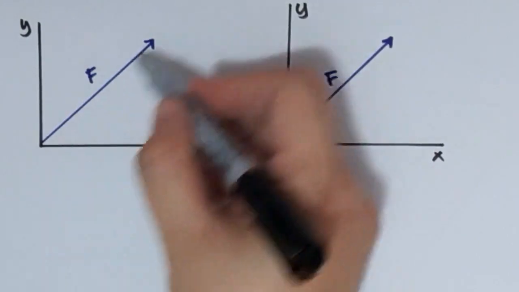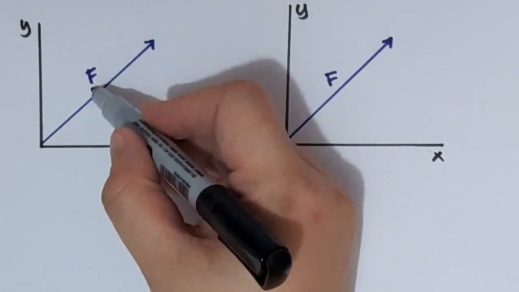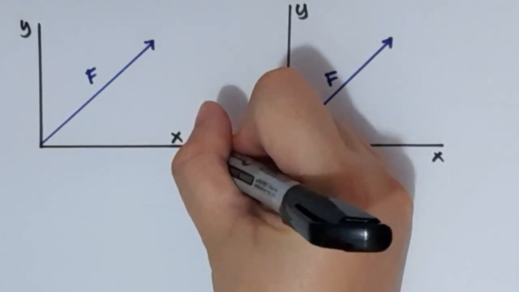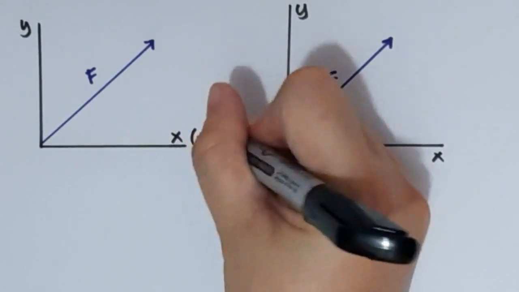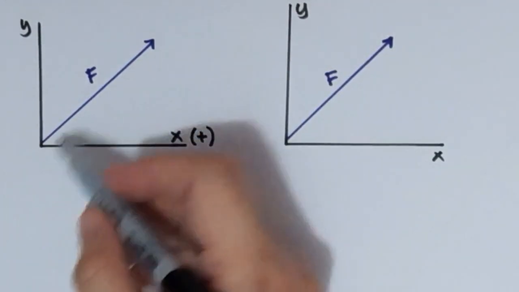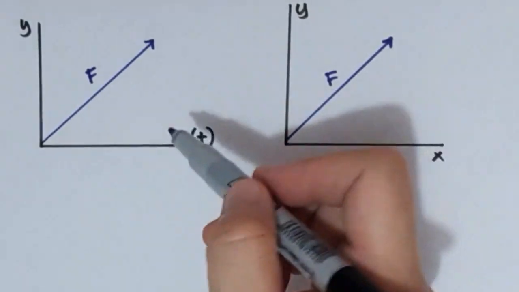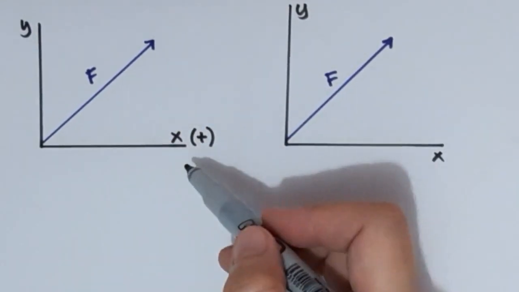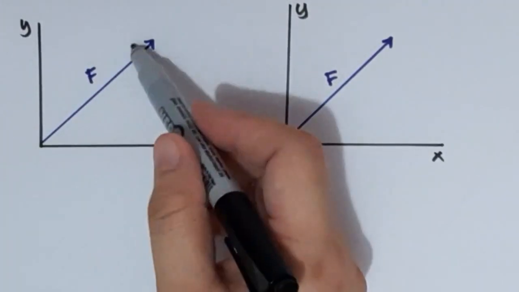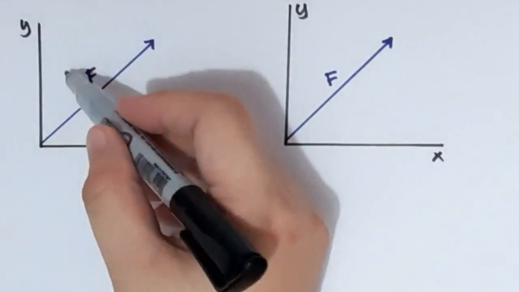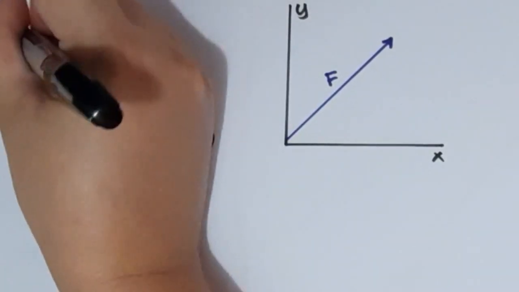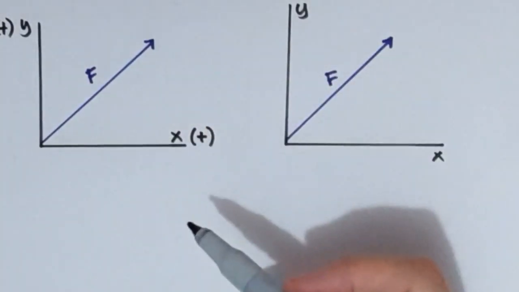in which, since this is my force, I can assume in positive x, this is positive. And for the direction of the component of the force along positive y, that is also positive because the component of my vector is also positive.